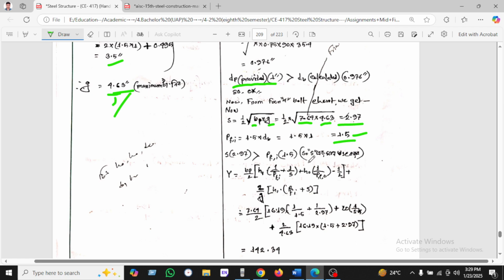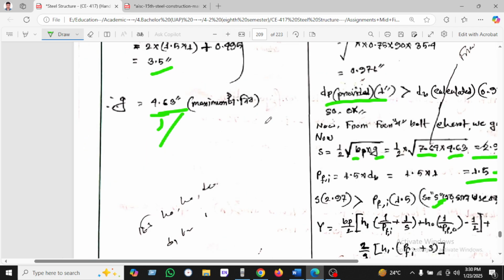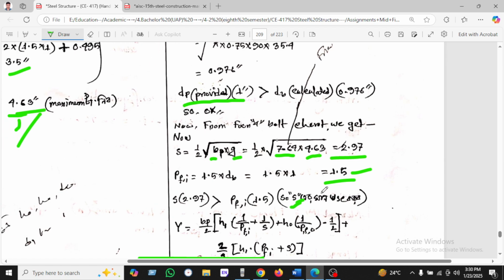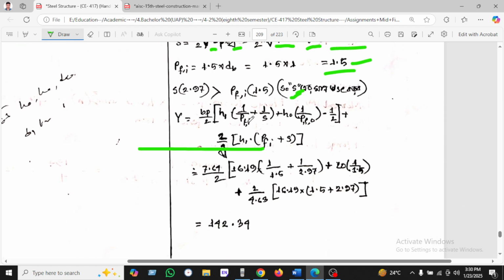Now we will use the value of s. We know y equals bf by 2 into h1 by 2 into 1 by pf minus s, plus h0 by 2 into 1 by s, and so on. So we will use the value of s. Okay, let's see.